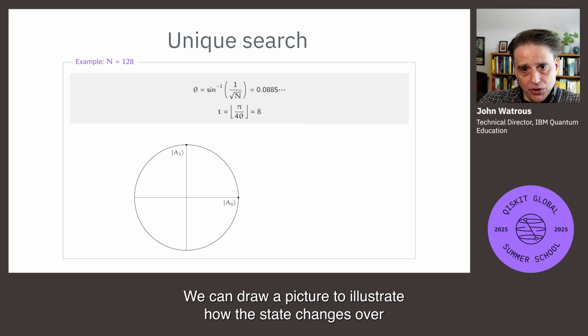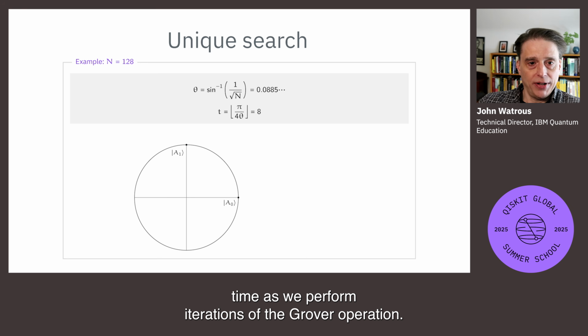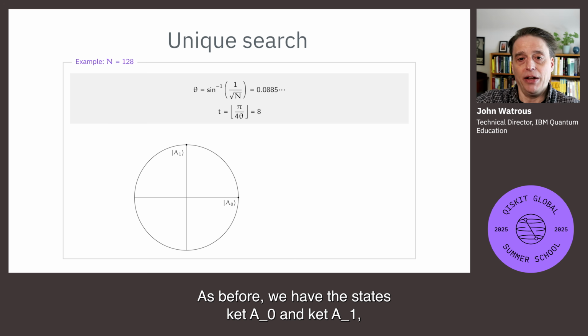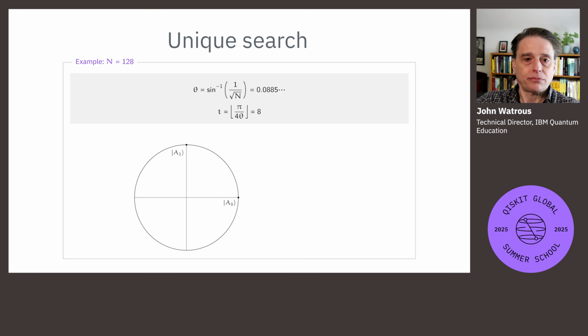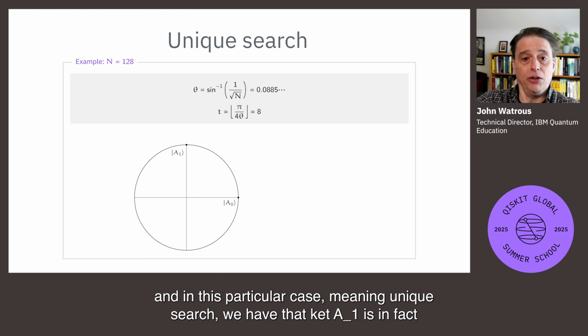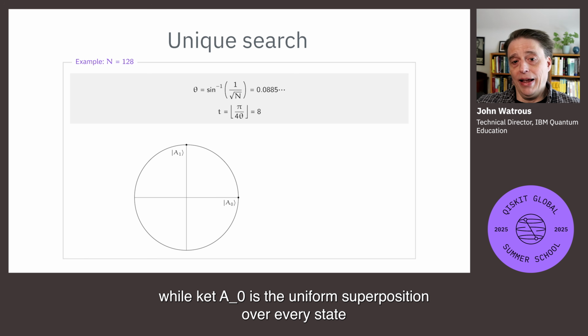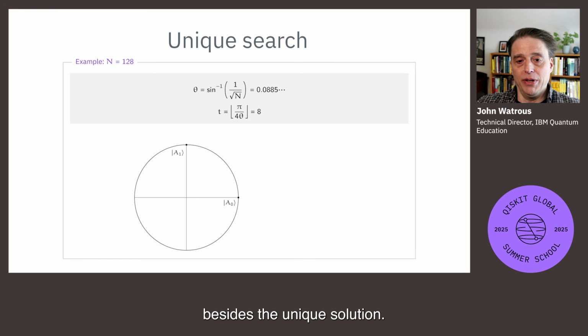We can draw a picture to illustrate how the state changes over time as we perform iterations of the Grover operation. As before, we have the states ket A0 and ket A1, and in this particular case, meaning unique search, we have that ket A1 is in fact the standard basis state for the unique solution, whatever it happens to be, while ket A0 is the uniform superposition over every state besides the unique solution.